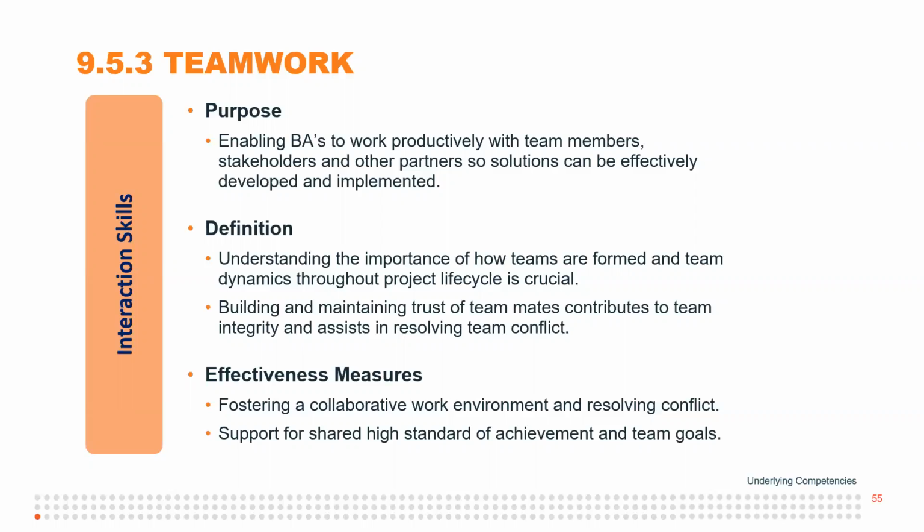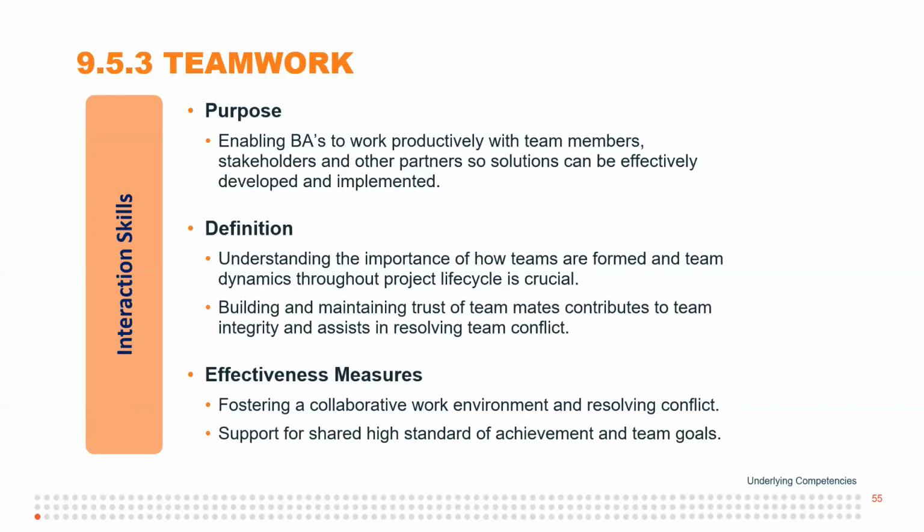So that kind of links back to the conflict resolution in the previous competency. But teamwork is definitely part of that. So teamwork helps as well. And the effectiveness measures are: are you able to foster a collaborative work environment and resolve conflict? And do you support a high standard of achievement and team goals?